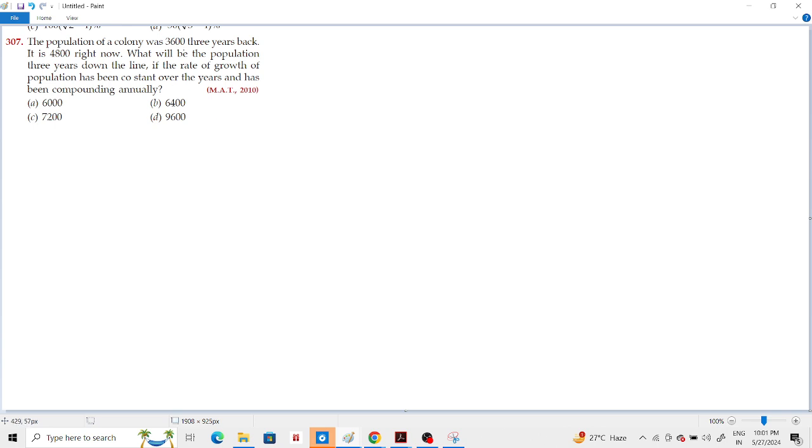The population of a colony was 3600 3 years back. It is 4800 right now. What will be the population 3 years down the line if the rate of growth of the population has been constant over the years and has been compounded annually? Okay, fine. So 3 years back it was this. If I take the first case, this becomes my principal, this becomes my amount. So 4800 equals 3600 into 1 plus r by 100 whole to the power 3.